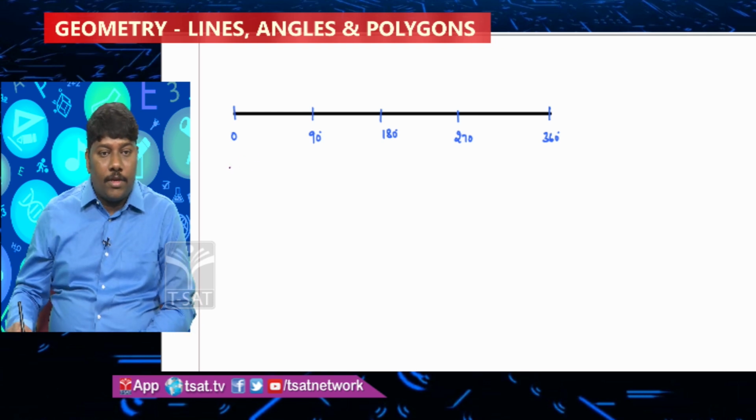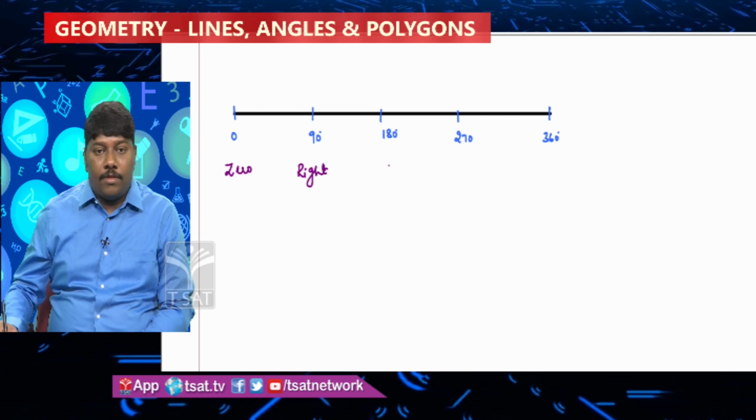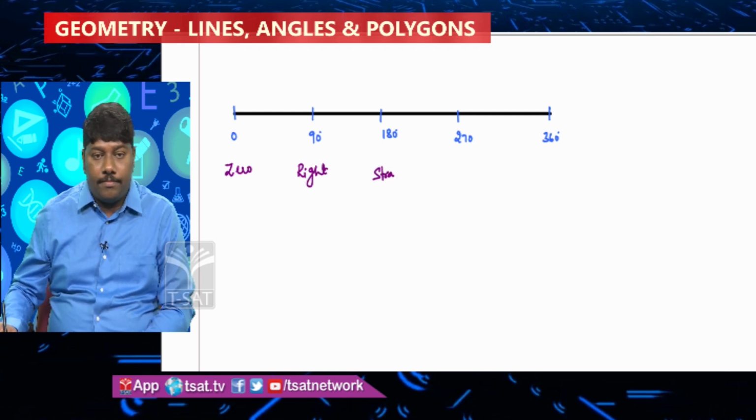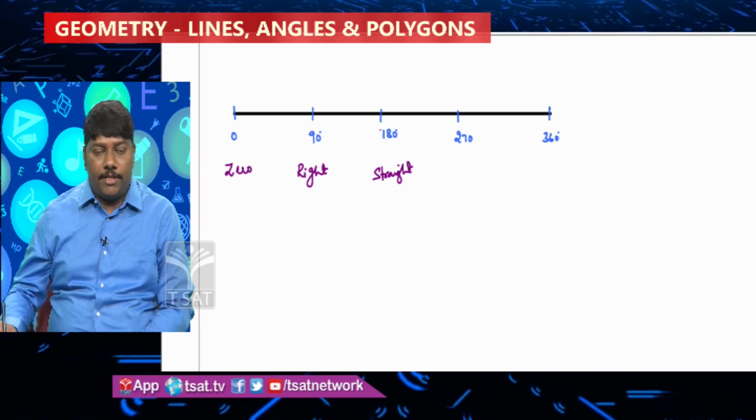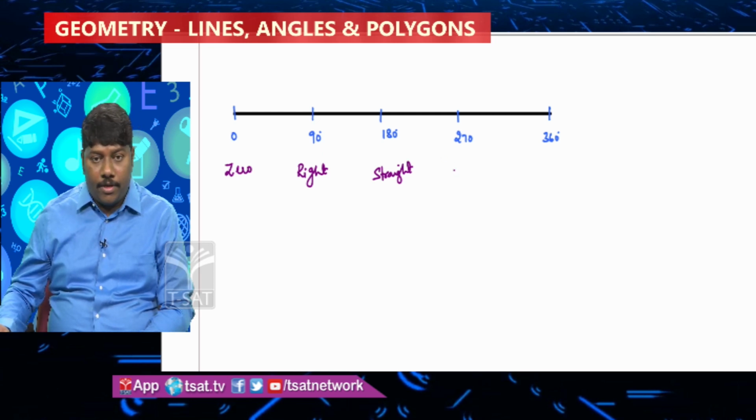First of all, you call it a zero angle, you call it a right angle, we call it a straight angle. Sometimes they'll say angle is 180, sometimes they say straight angle, sometimes they say 90, sometimes they say right angle. Here it is a reflex angle, just call it a reflex angle. 360 is called a complete angle.